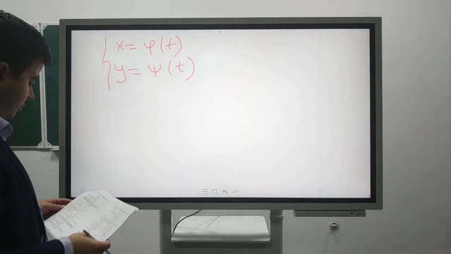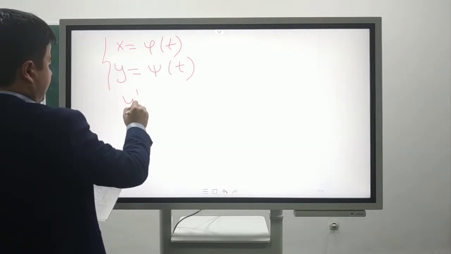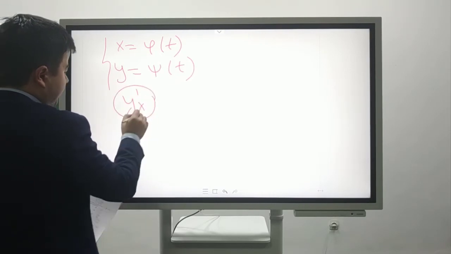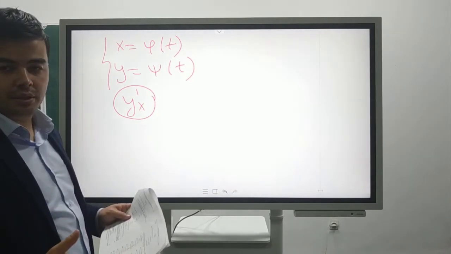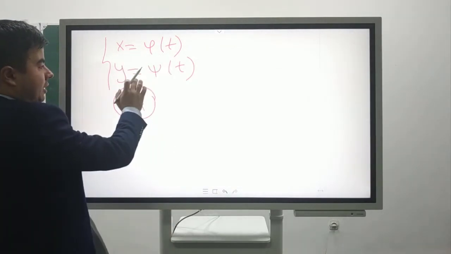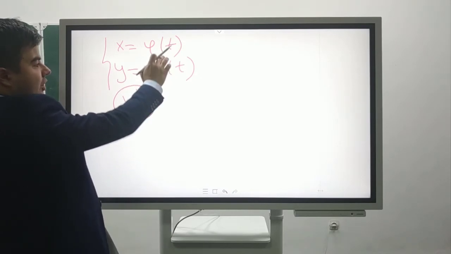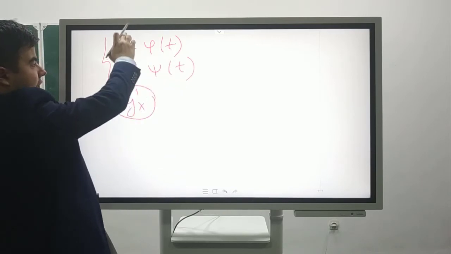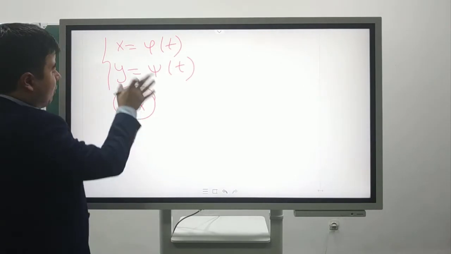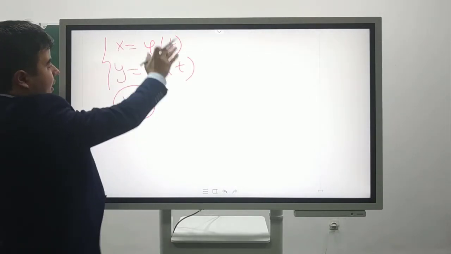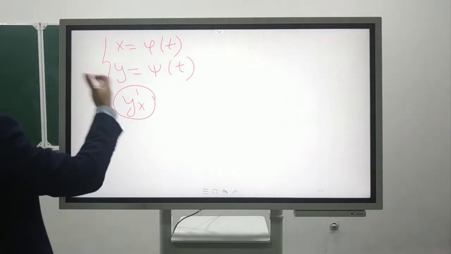And now the derivative of y depending on x, if you write here the subindex x, it means depending on x, not depending on t. If depending on t, it is just psi derivative of t, or x prime is phi prime of t. In this case, y is a function of x.